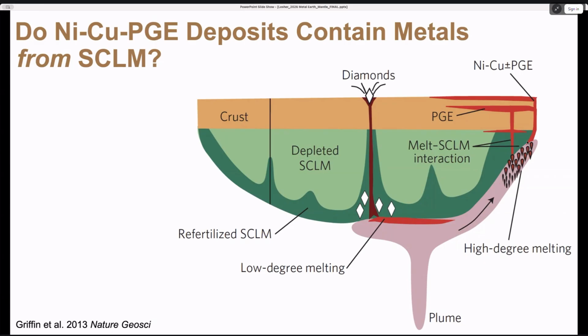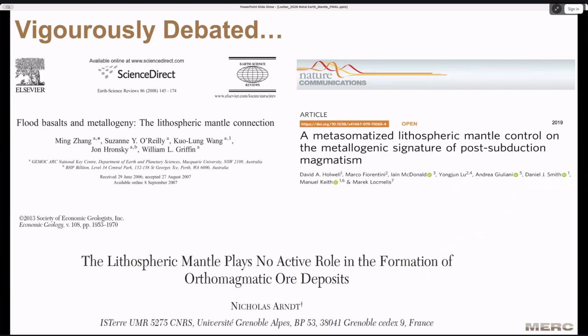So this is decompressive melting here, and that you could then produce nickel deposits. And they're arguing that you get interaction with the subcontinental lithospheric mantle. Okay, this is debated.